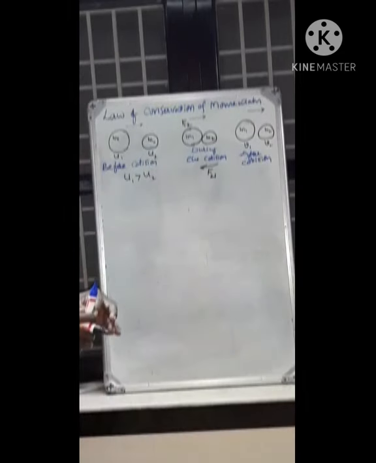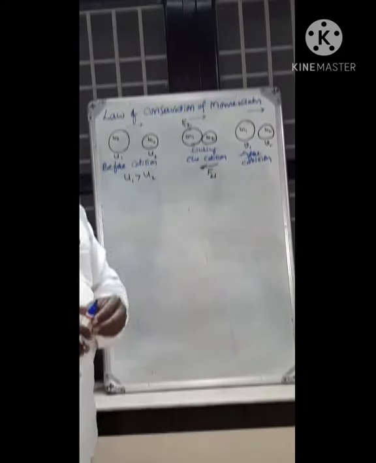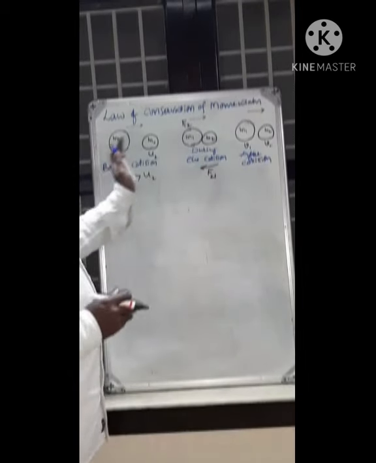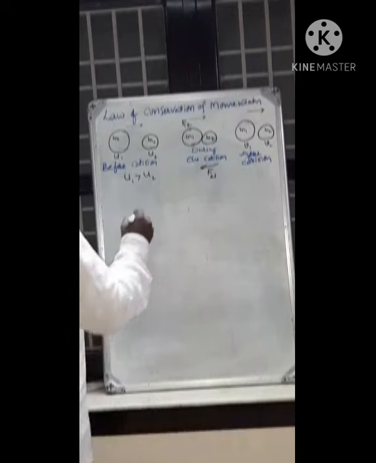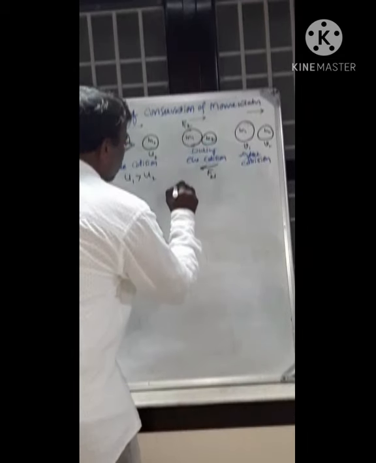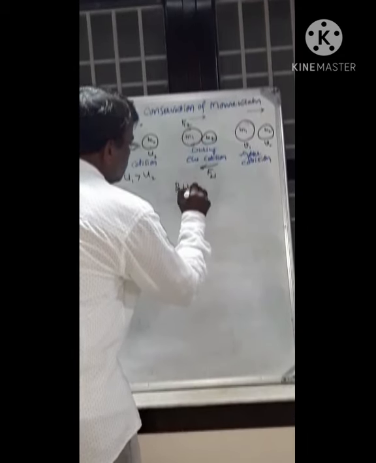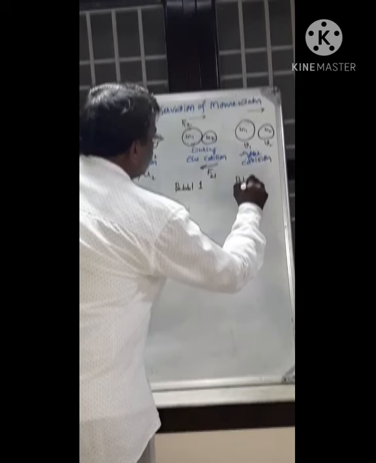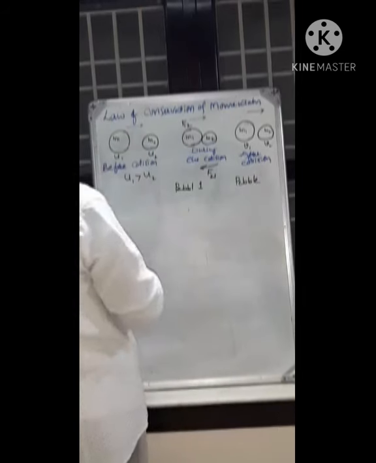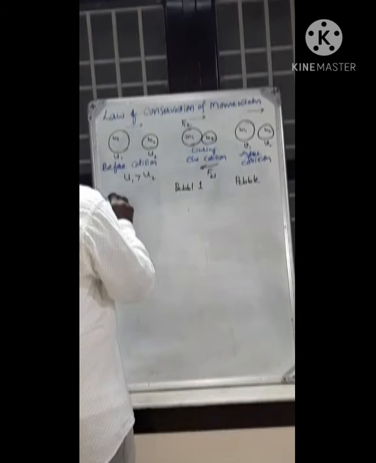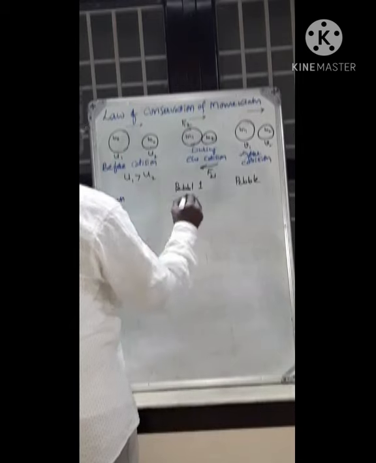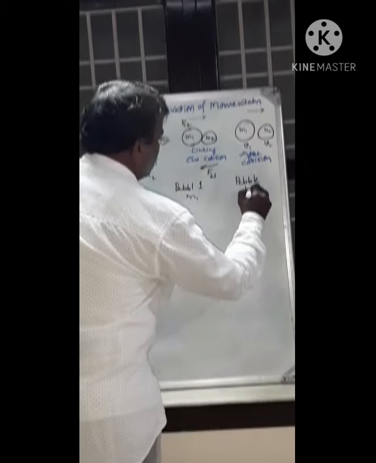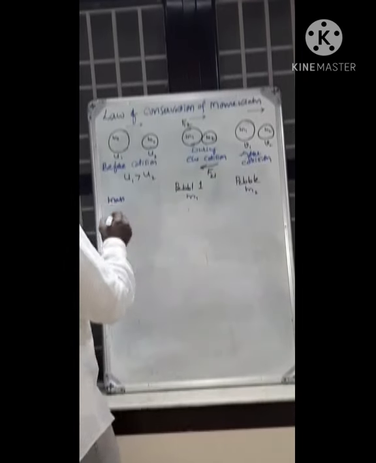Then let us see how the momentum is changed. Here we write the parameters in tabular form. Let us suppose it is pebble 1 and this is pebble 2. Masses: pebble 1 has mass m1 and pebble 2 has m2.